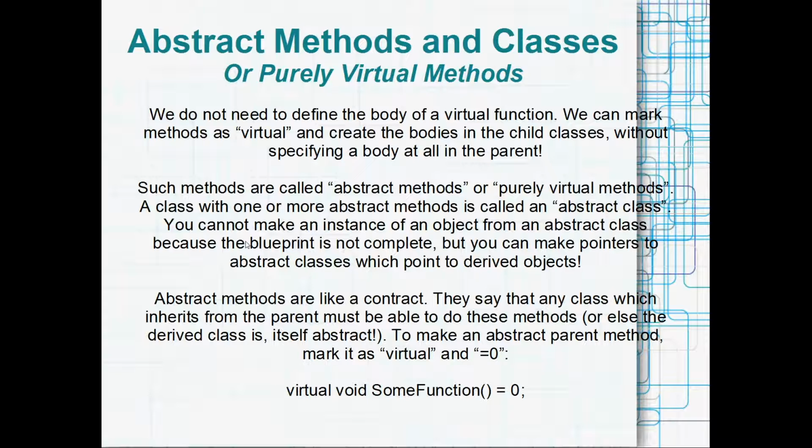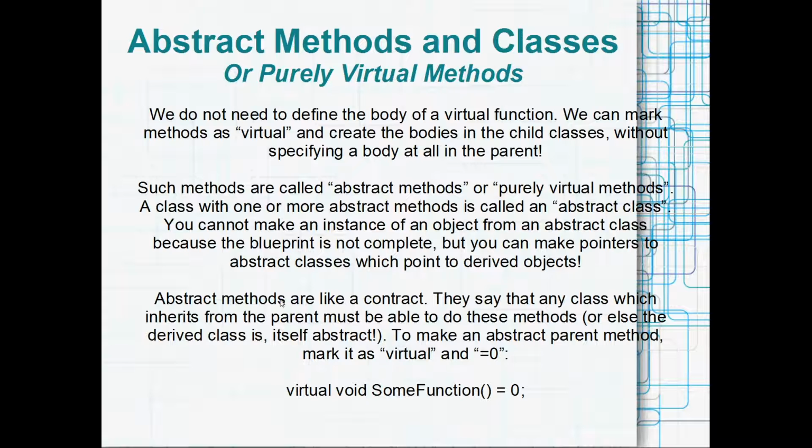So the blueprint to a parent class that's abstract doesn't actually specify the body of one or more of the functions. So you can't make an instance from that blueprint. But what you can do is make a pointer from that blueprint, and that pointer can point to the child objects or the derived objects.